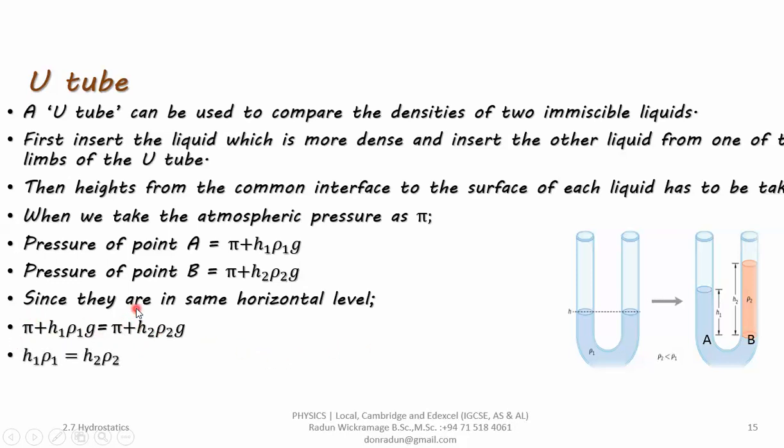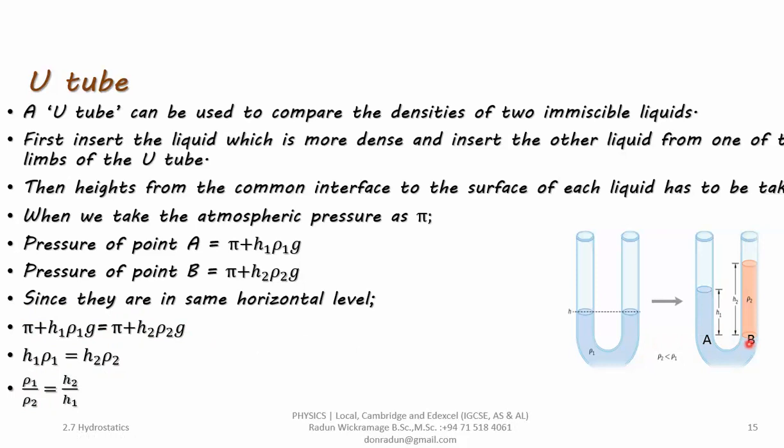So we can remove pi, the atmospheric pressure, from both sides of the equation, and also the gravitational acceleration. Then h1 rho 1 equals h2 rho 2. So we can take the density ratio. If you take the reciprocal, rho 2 divided by rho 1, where rho 1 you can take as water, then you are taking the relative density.